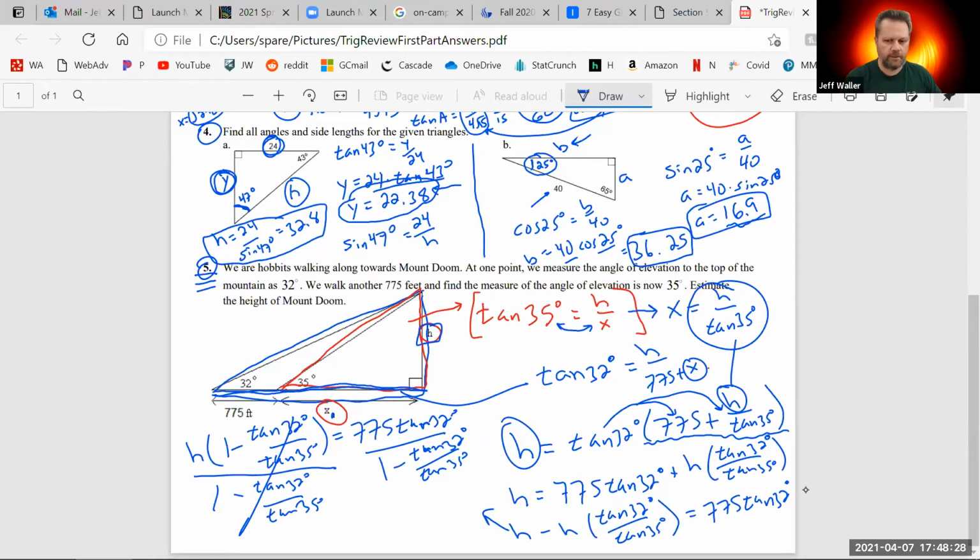Okay, so let's see if we all get the same number. Are there any major Lord of the Rings geeks out there? Not major. Okay, but sort of up there, huh?